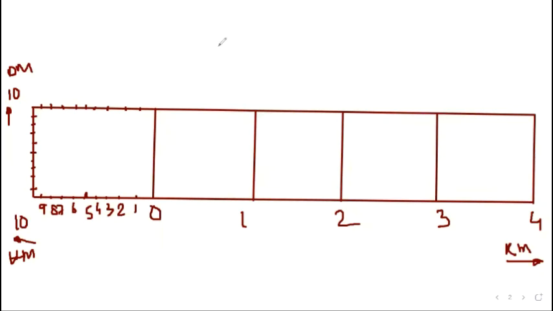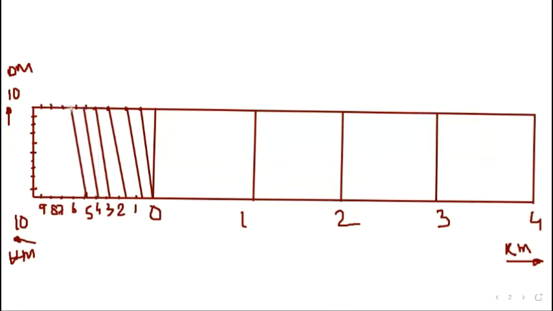Now, first join 0 with 1, then 1 with 2, then 2 with 3, then 3 with 4, then 4 with 5, then 5 with 6, then 6 with 7, then 7 with 8, then 8 with 9, and 9 with 10.